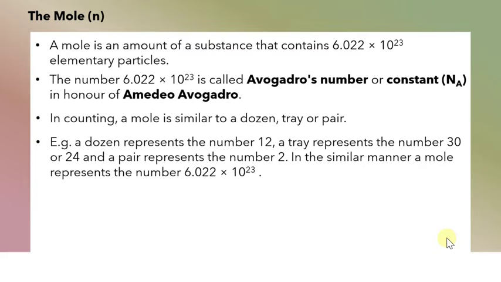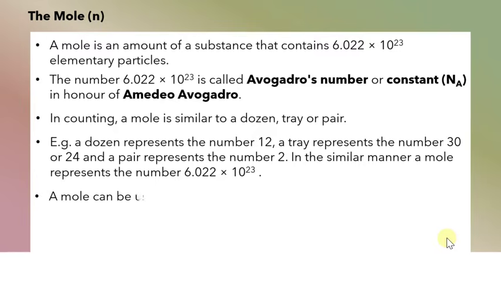When they tell you go and buy a tray of eggs, they've told you go and buy 30 eggs. When they've told you go and buy a pair of shoes, you come with 2 shoes, the right and the left one. In a similar way, when we say a mole in chemistry, we mean 6.022 times 10 to the power 23.